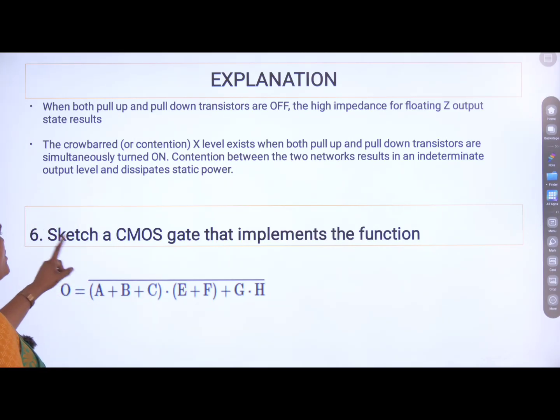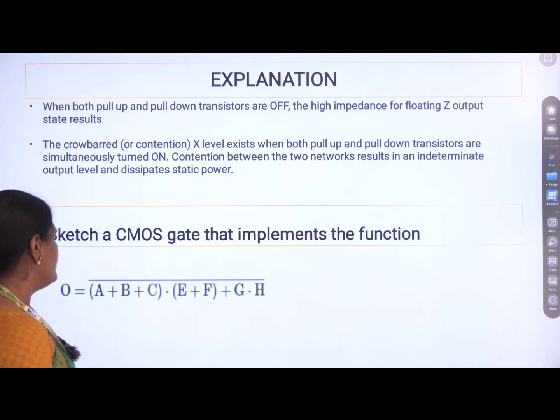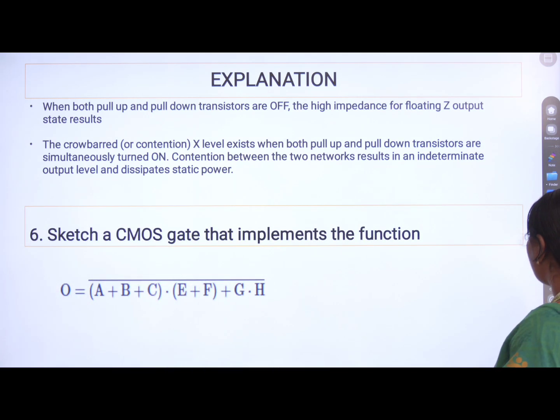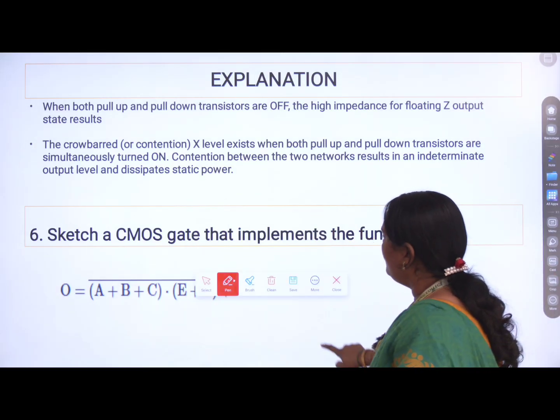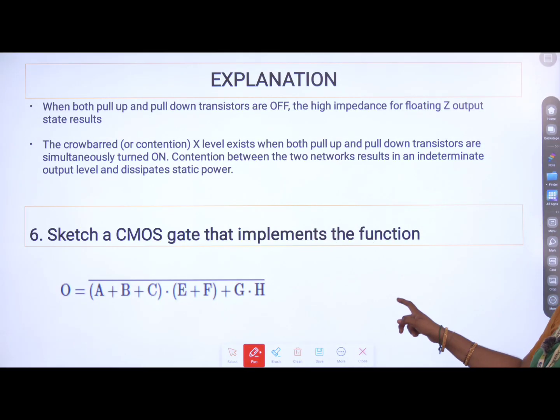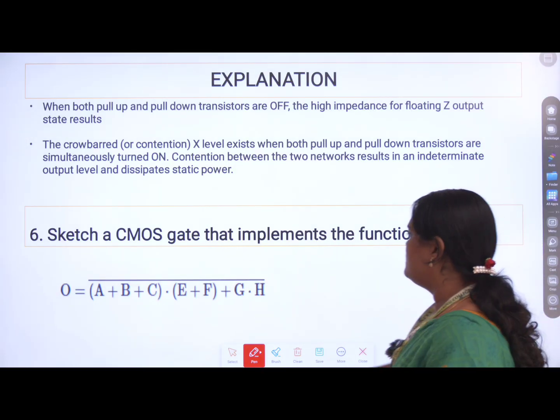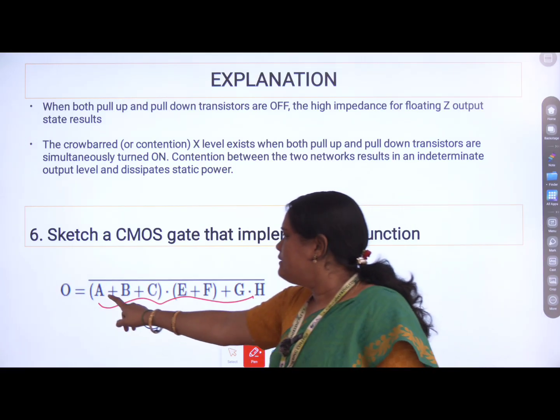Next, sketch a CMOS gate that implements the following function. Here you see a composed logic of plus and dot exists. Now I'll show you how to design this logic using static CMOS. Before designing, look at this expression.